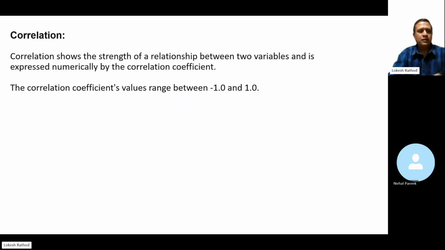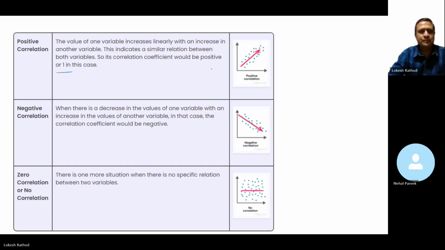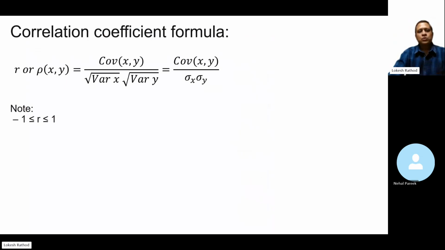So how do you find this correlation coefficient? Correlation coefficient formula. It is denoted by R or rho xy. Rho is a Greek character. So rho xy. So this formula, you can note it down.